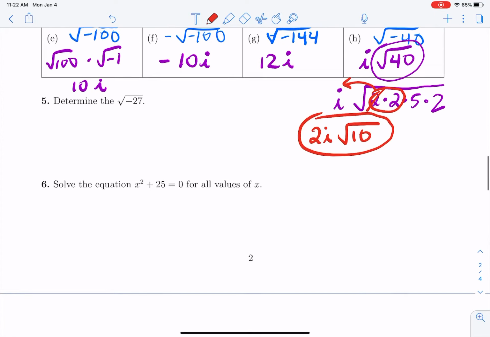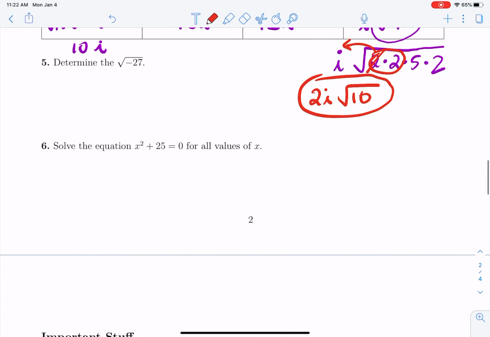All right, so if I look at question 5 then in the lesson, this is just a way for us to review again what we did in that last problem in the lightning round. So square root of negative 27, I can write that as i times square root of 27.